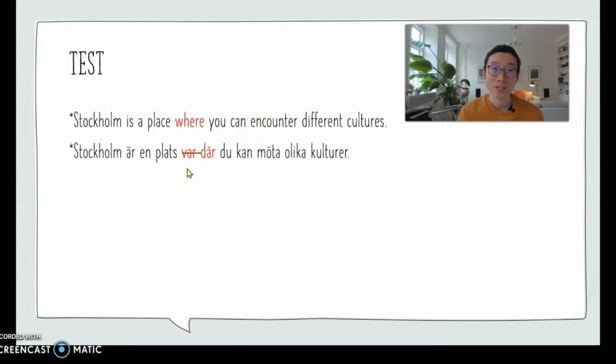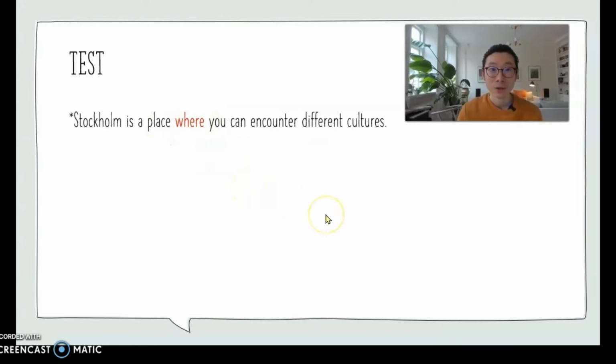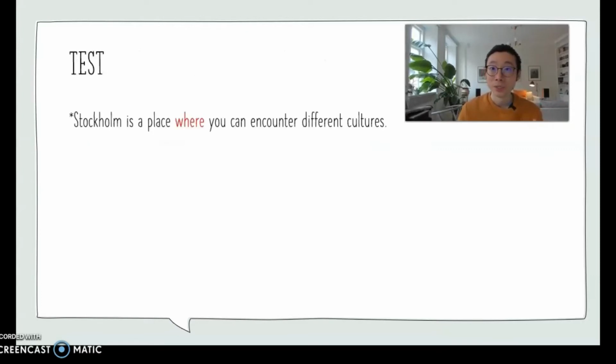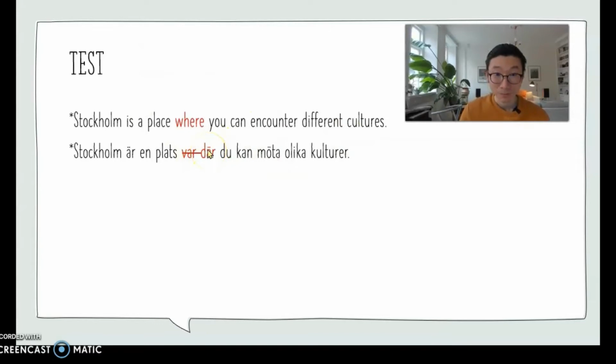I'm so sorry, this is actually a trap. Here you shouldn't translate where into var because this where in English is actually a subjunction. It is not a question word. Do you remember we talked about var is the question word in Swedish? It is not the subjunction in Swedish. The subjunction to describe a place in Swedish is actually där.